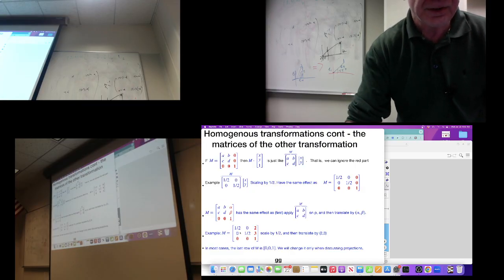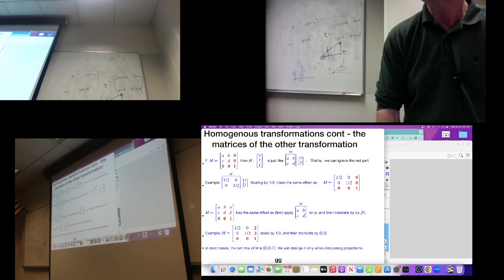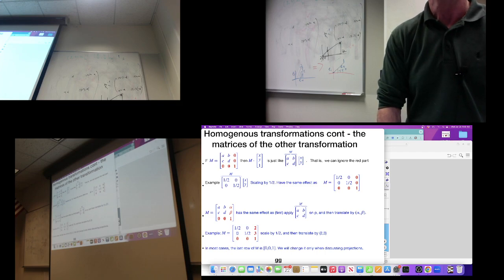And on the other hand, if it's half, half, and 2, 3 as the last column, it will mean that you first apply the A, B, C, D, the shearing, rotation, or the scaling by half, and then translate, using the two numbers that you wrote in the rightmost column, which applies a translation.